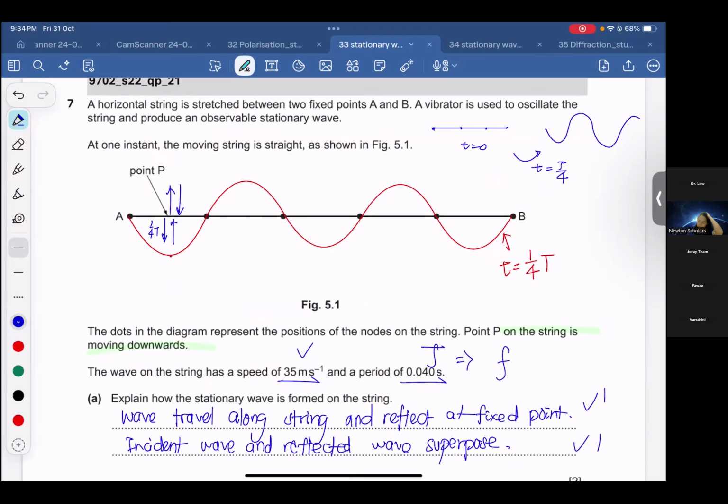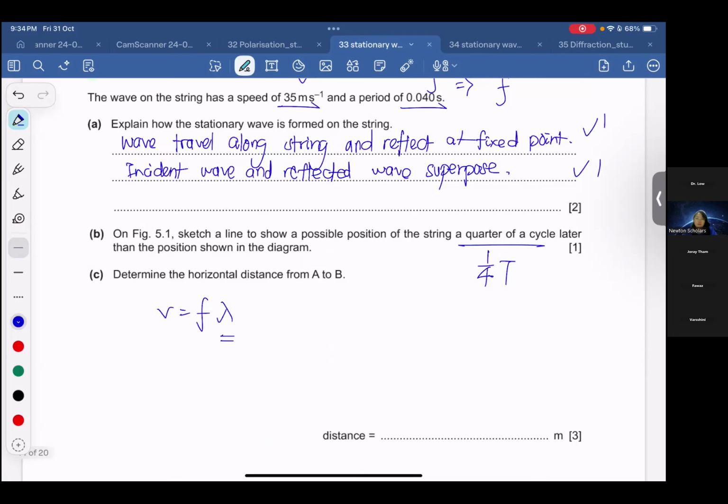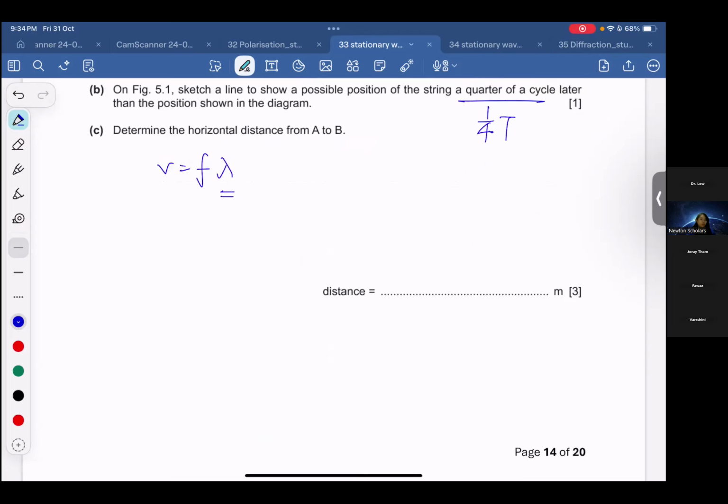Okay. So boys and girls, can you tell me what is your final answer? Before we end our lesson, what is your final answer? Any of you?